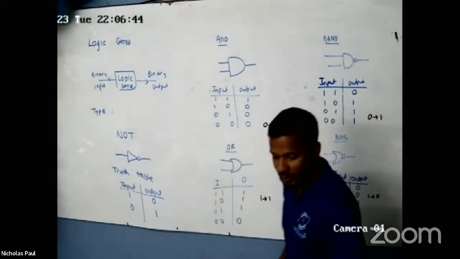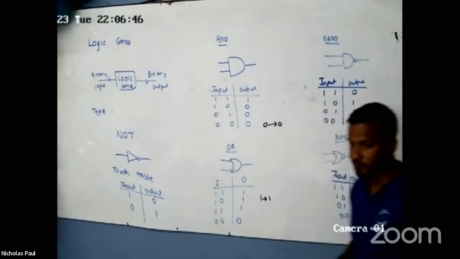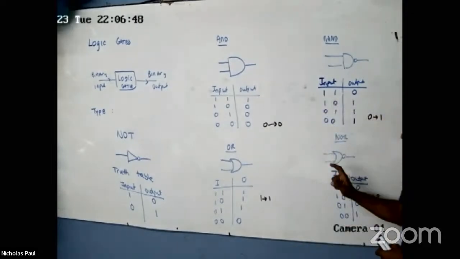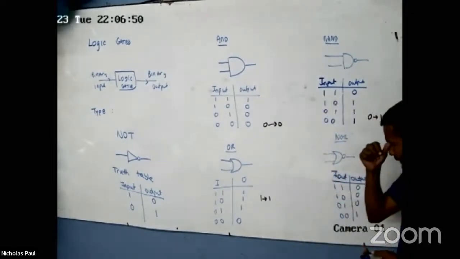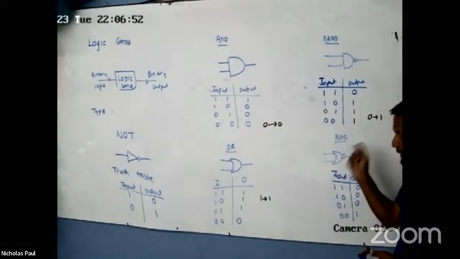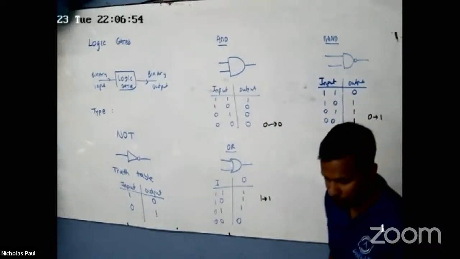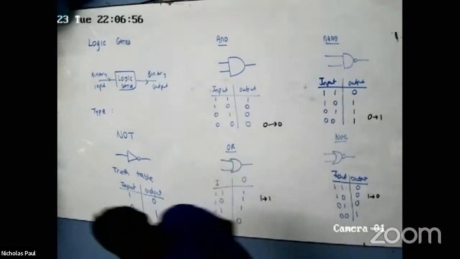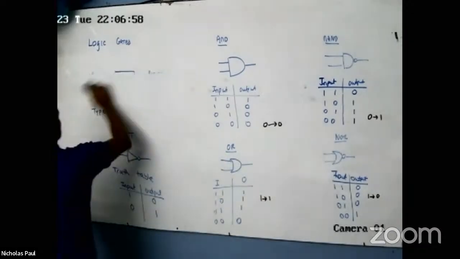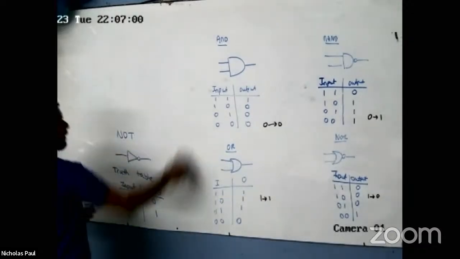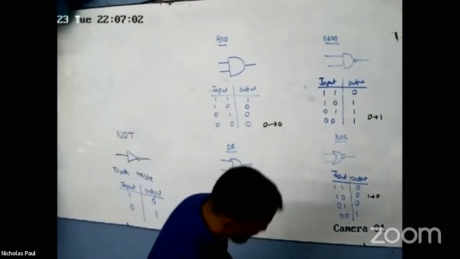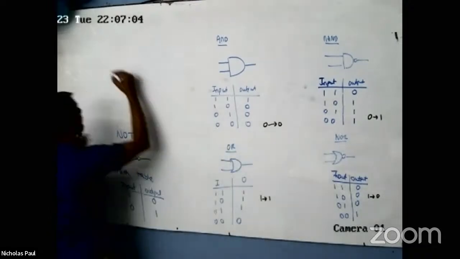Okay, good. Let's take a look at combination circuits. You have to know all your gates, and you're going to use these gates to figure out the output. Head up combination circuits, and then I want you to draw this gate here.